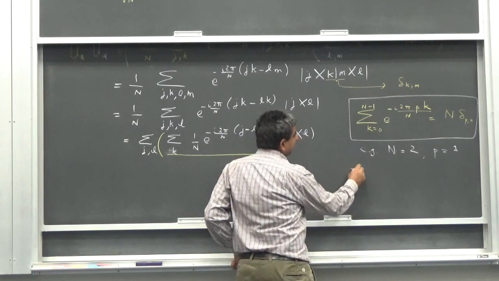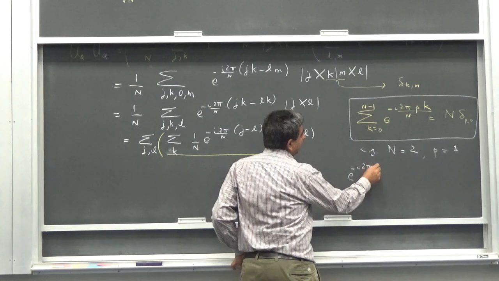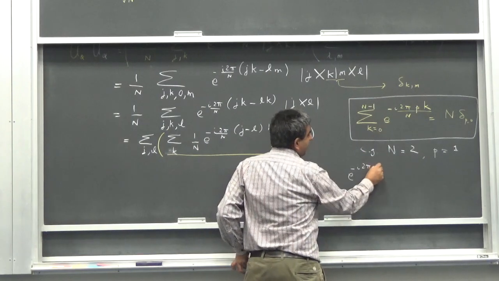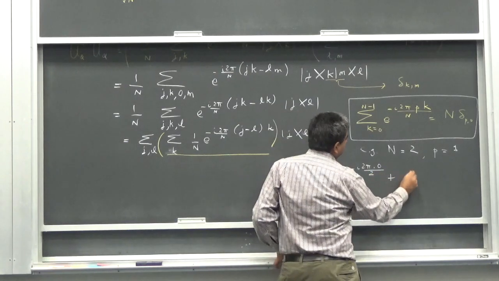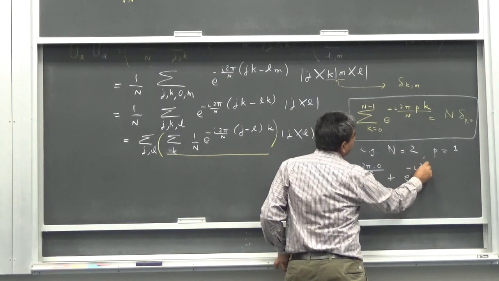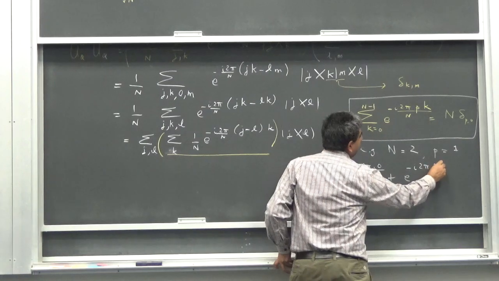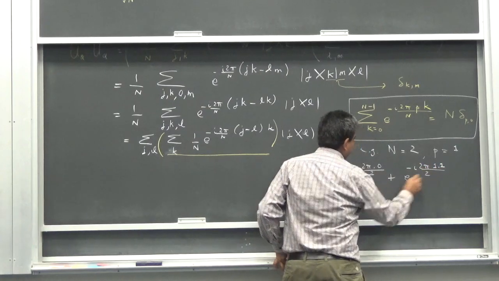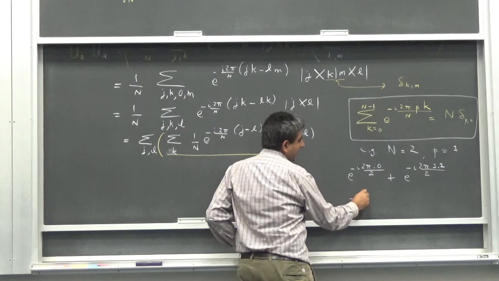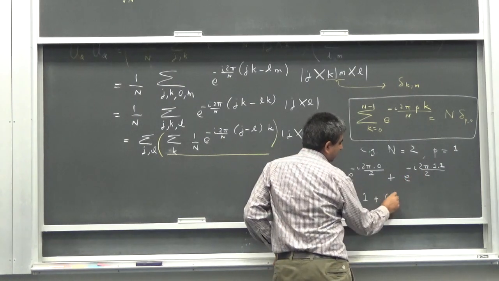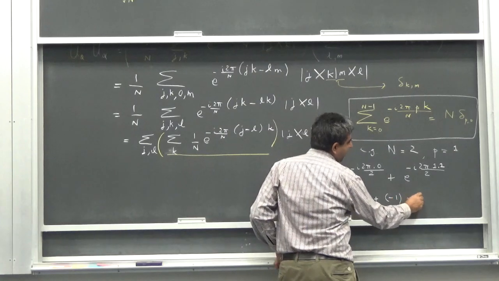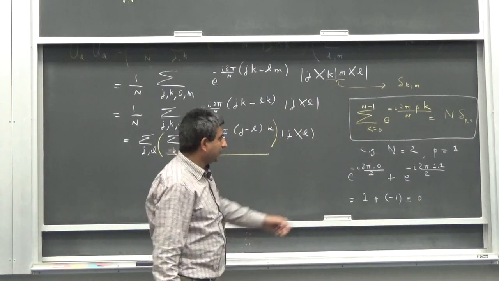e to the minus i 2 pi, p is 1, k is 0, n is 2, plus e to the minus i 2 pi, p is 1, k is 1, n is 2. Now this is 1. What is this? This is minus 1. This sums to 0. And what is this number?